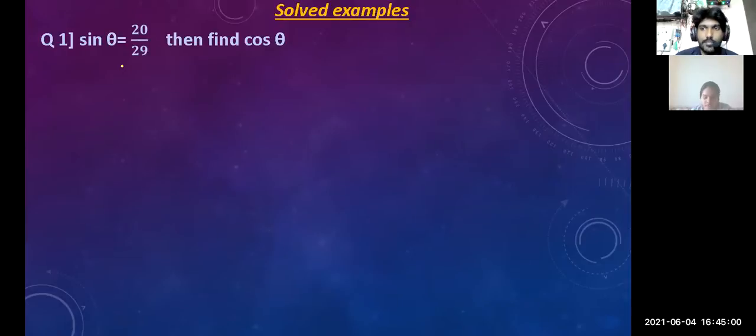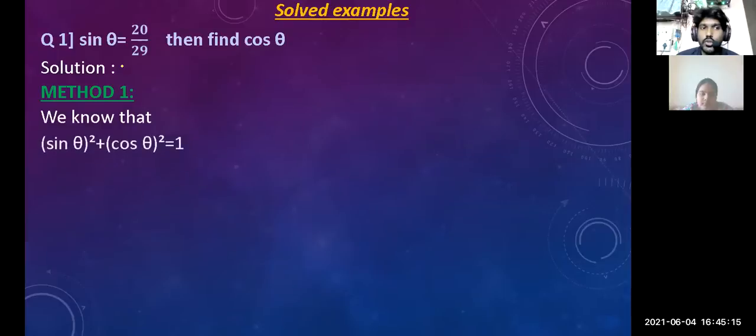The first one. Sine square theta plus cos square theta equals 1. So we will use that identity to solve this sum. There are two methods. We'll see the first method, and that is by using the formula. The first identity is sine square theta plus cos square theta is equal to 1.